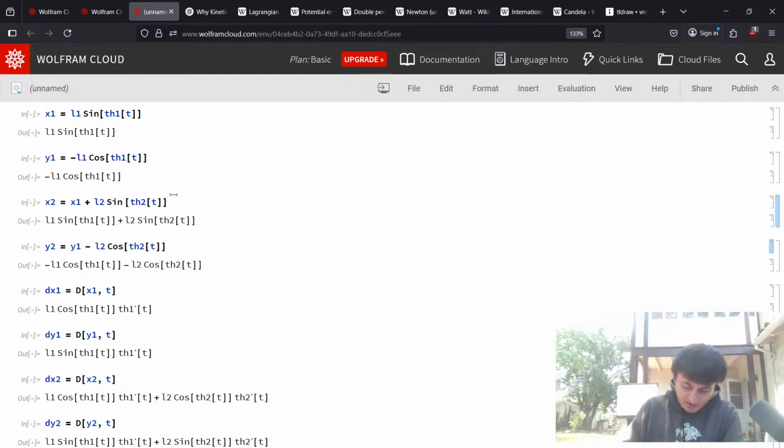All right, so now we have our second pendulum to deal with. L2, theta 2. Okay, so from x1 and x2, we're going to get a nested thing. So x2 we understand is just going to be x1 plus L2 sine theta 2.